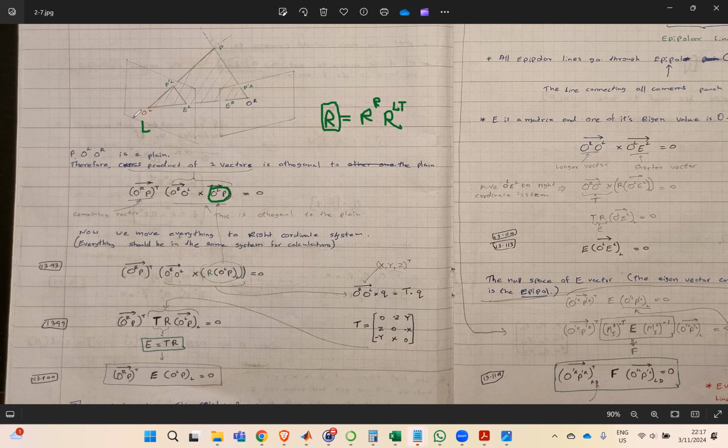So something on the left side, how to move it to the right side? We simply multiply with R. In the stereo camera system, we call it R. So that's why this part we multiply with R to bring it to the left camera coordinates. Previously, everything was in right camera coordinates.